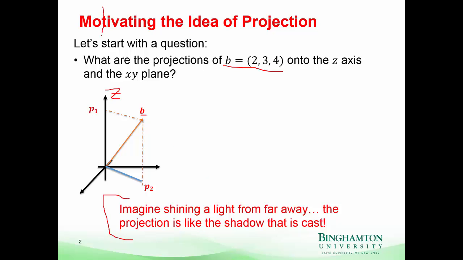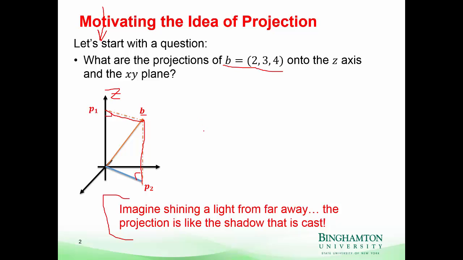So if we're projecting down onto the XY plane, we're going to imagine a light way up there, infinitely far away, and the shadow would be directly underneath this. And that would form a right angle between the light ray from the tip of b down to the plane. And likewise, if we imagined shining a light over this way, we would form a right angle there.